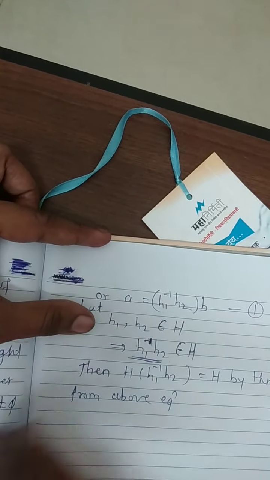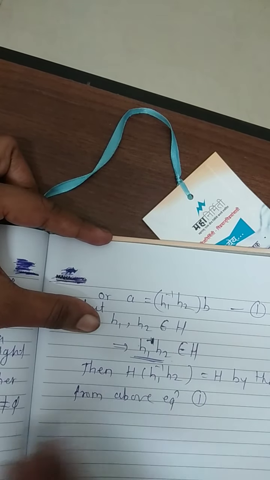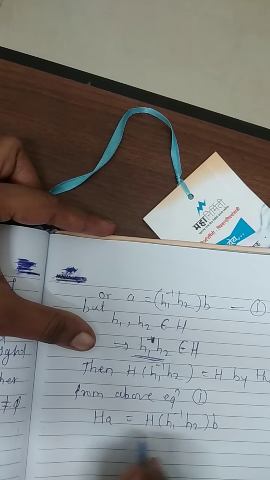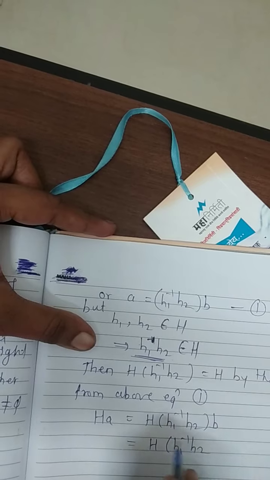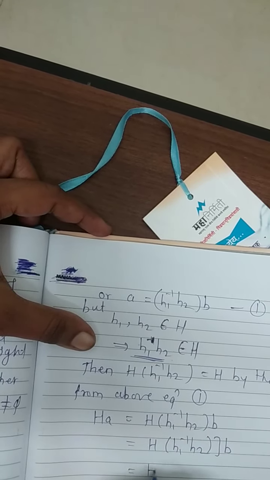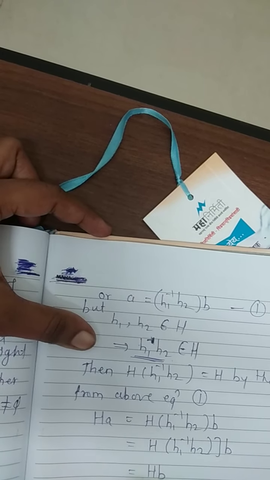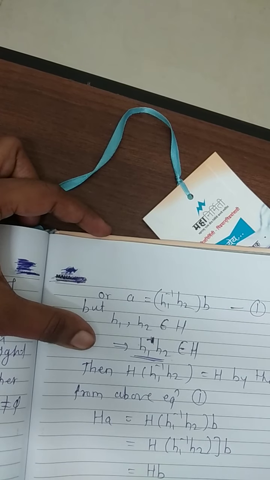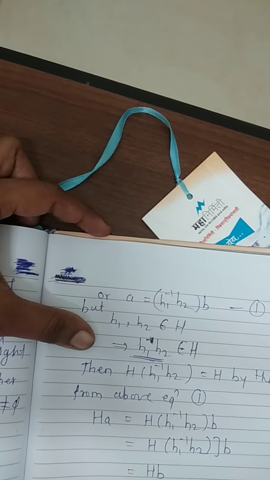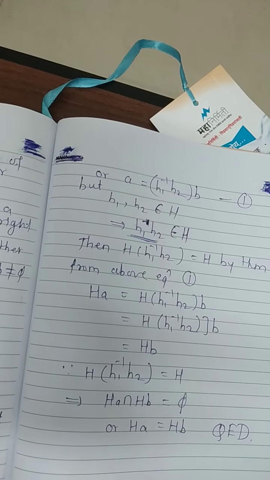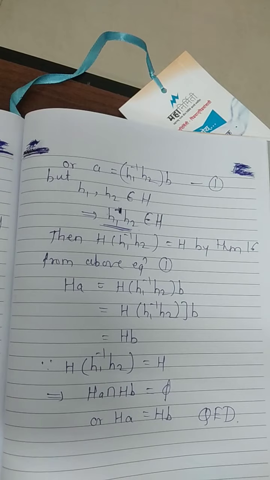From equation 1 we can write HA is equal to H H1 inverse H2B is equal to HB, since H1 inverse H2 is in H. So this implies HA intersection HB is empty, or we can write HA is equal to HB. Here we ended our proof. Thank you.